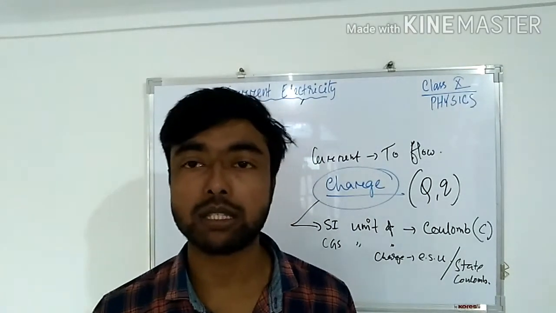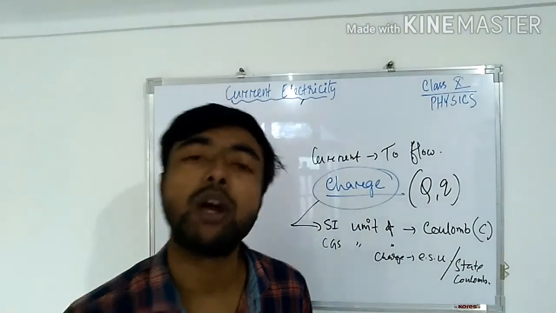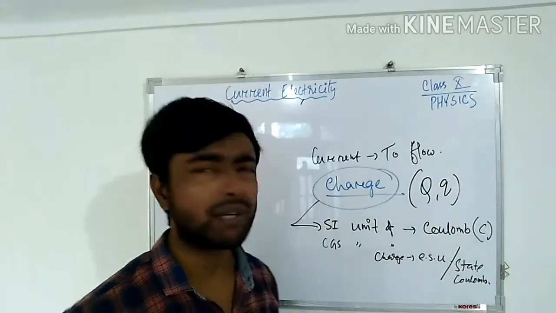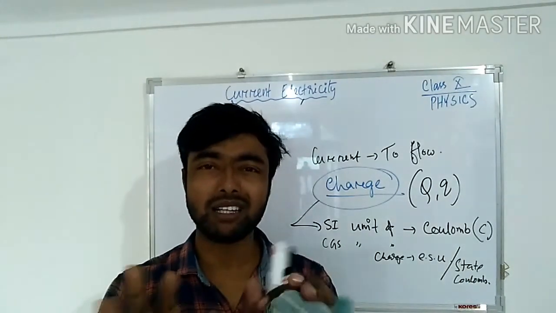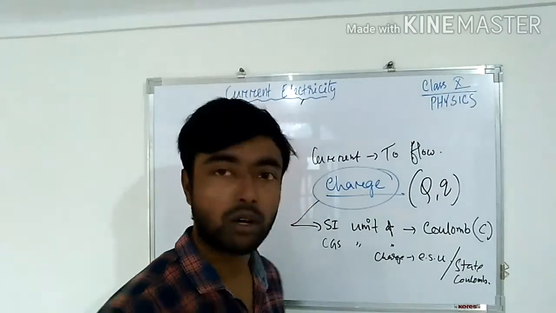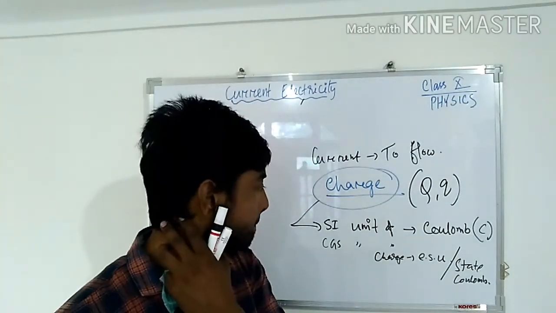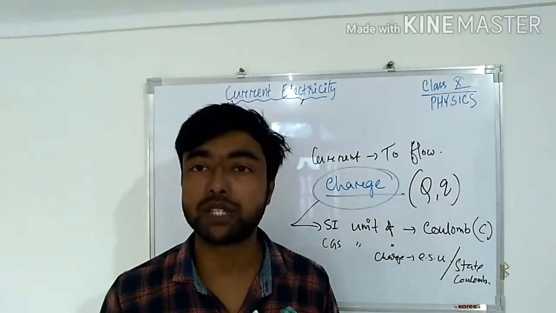Electrostatic unit is the CGS unit of charge. Remember this. But the CGS unit is hardly used, it is not used often. The SI unit of charge is Coulomb.